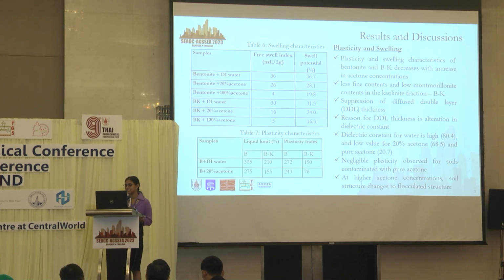A higher dielectric constant is observed for water, 80.4, and for pure acetone it is almost 20.7. Due to this change in dielectric constant, the diffuse double layer thickness changes, and the plasticity and swelling properties change. At higher concentration, the soil fabric can also alter due to this change in diffuse double layer thickness.